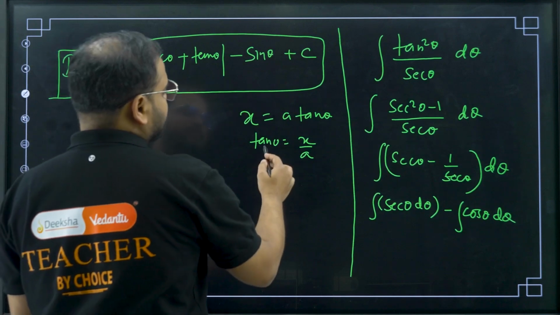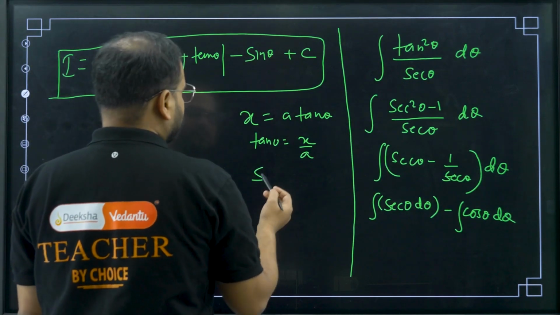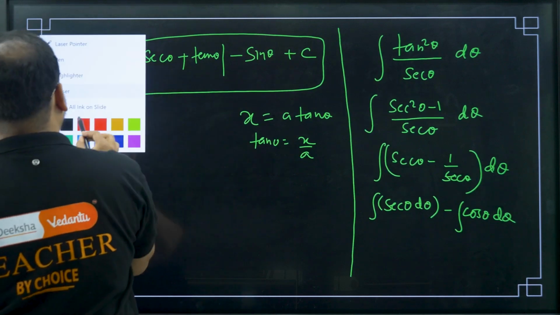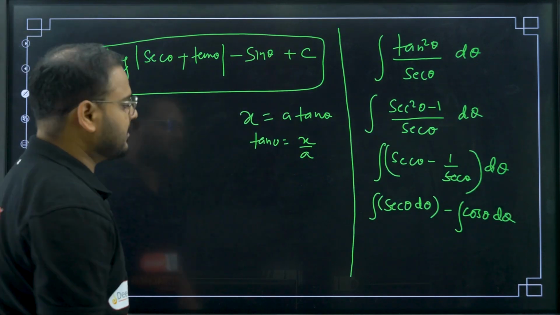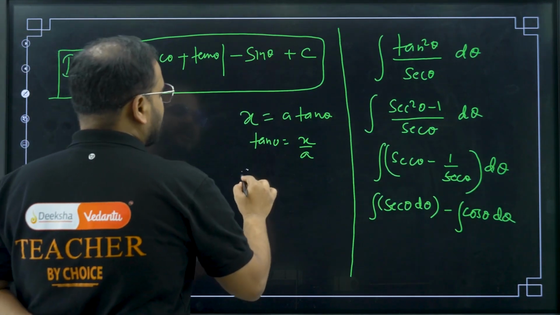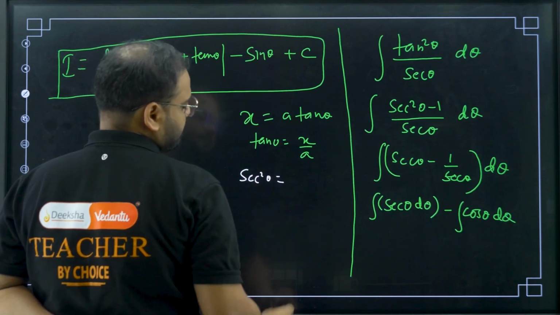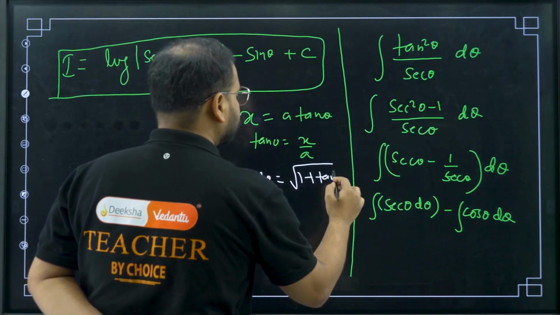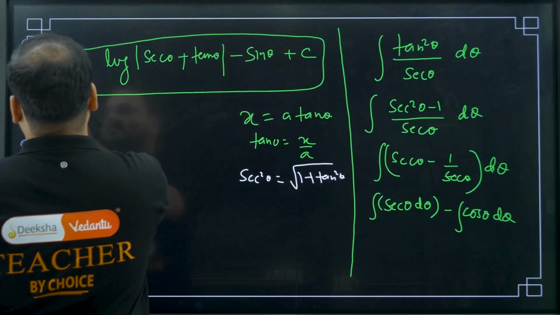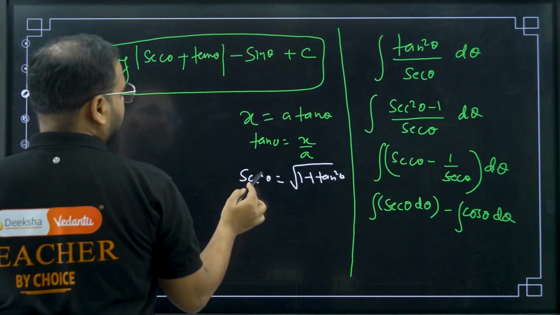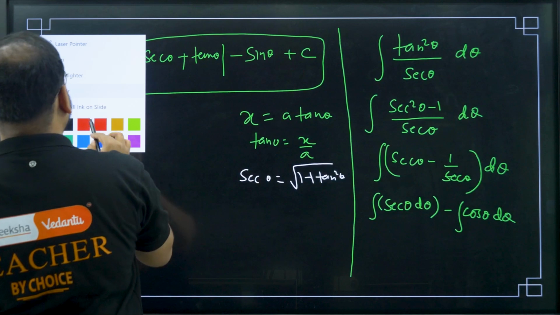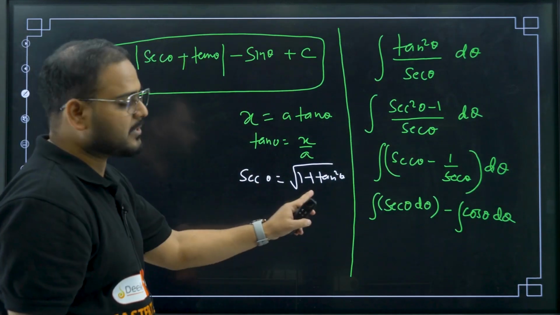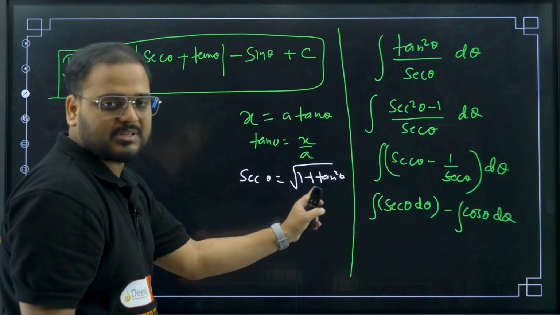I can use the identity over here. I'll show you for the sec; sine you can find from your side. So what is sec theta? Sec square is 1 plus tan square, so sec theta is root of 1 plus tan square theta.